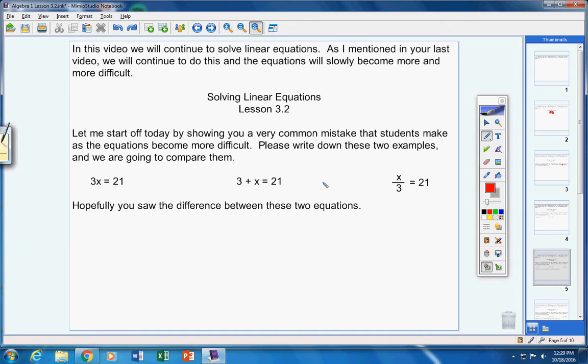Okay, now listen carefully. Anytime I go too fast, just pause the video. Now, we have learned that when you're solving equations, you simplify both sides. We talked about that, okay? And then we talked about getting the variable by itself, or in other words, isolating the variable.